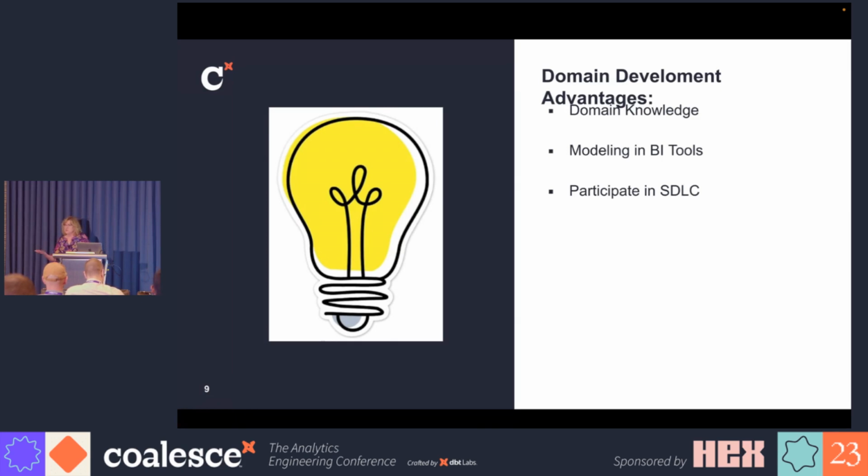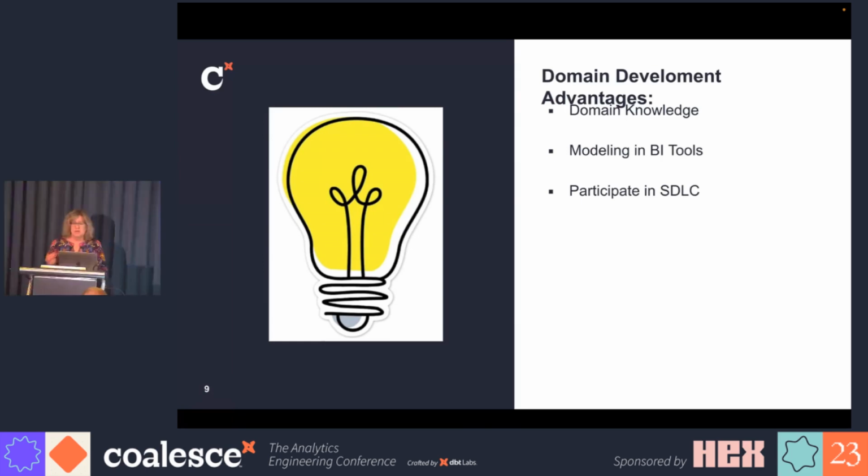You want to present something in Looker and you may need to go back and forth multiple times with that data set that you're preparing in DBT, with those MART views. So there's really a lot of good interaction there. And then also, if the domain developers can participate in the SDLC, that allows the enterprise analytics team to focus on new technologies, generative AI, bringing more data into the data warehouse.